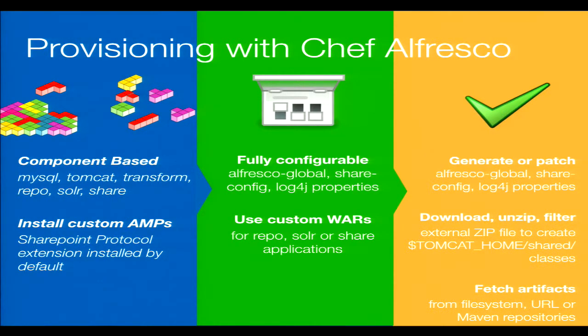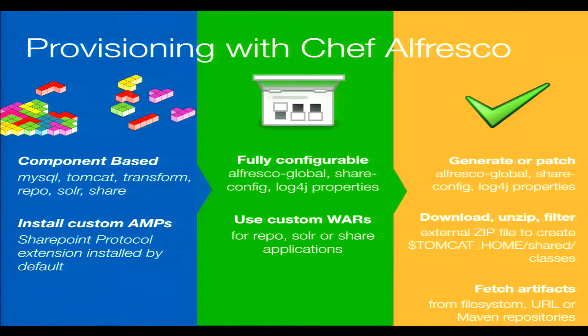I've chosen Chef as a technology, not religious about tools, but I think that Chef is a pretty good fit for our requirements. The characteristics of Chef Alfresco, which is, by the way, a project you can find on GitHub, is that it's component-based. You can pretty easily configure components of what you want to provision. Do you want to install MySQL?